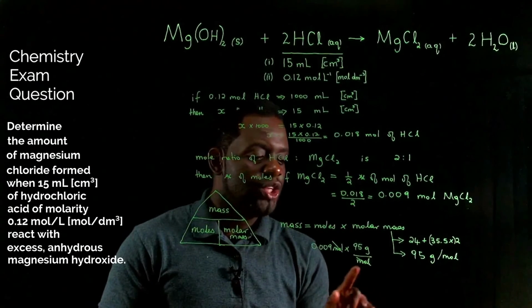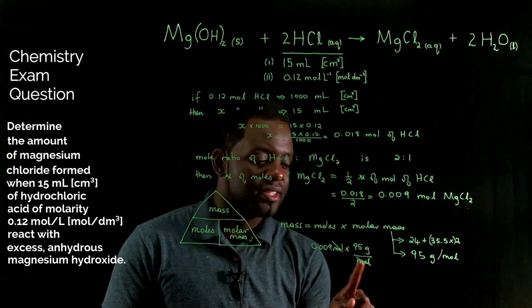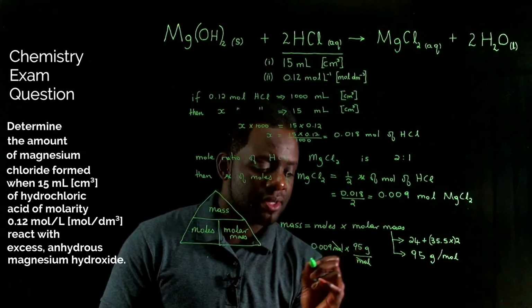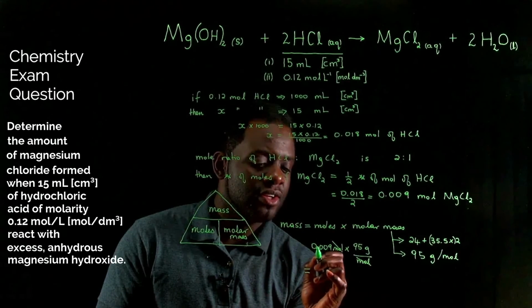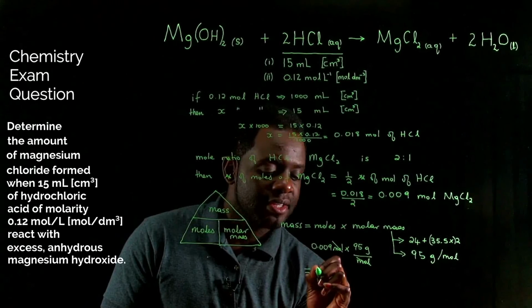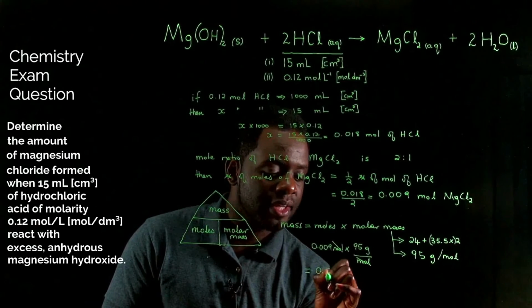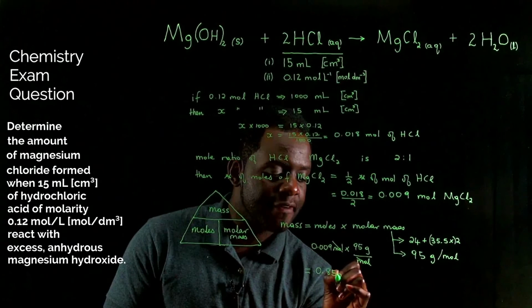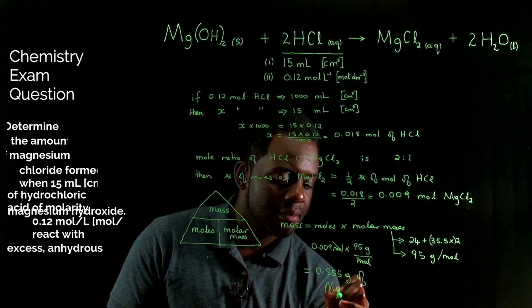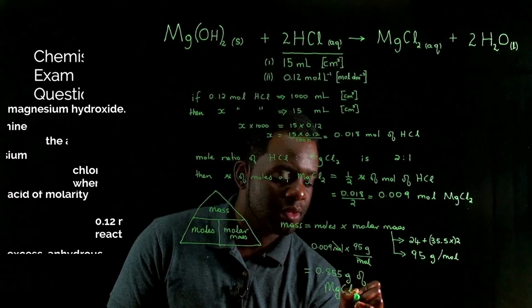Here we see that the unit of mole is cancelled, and what we are left with is grams, and the answer is 0.009 times 95, which is 0.855 grams of magnesium chloride.